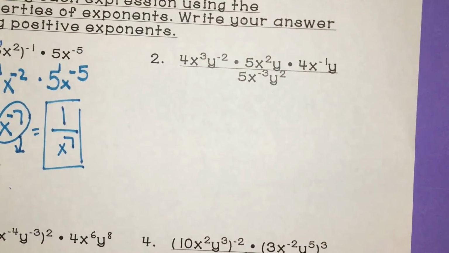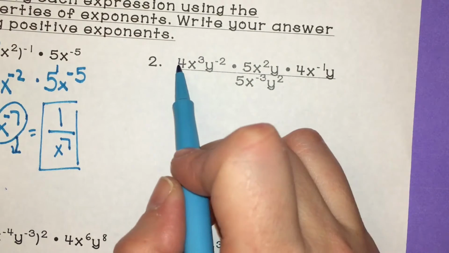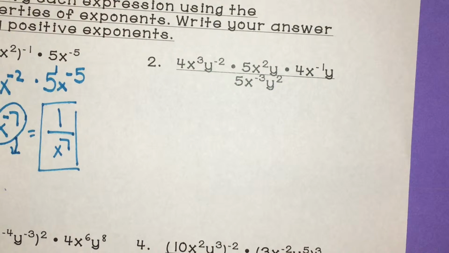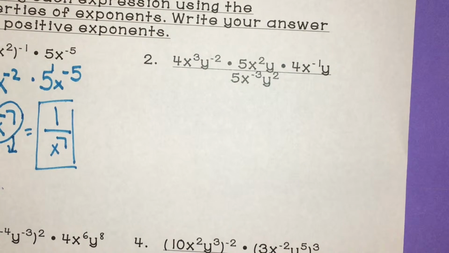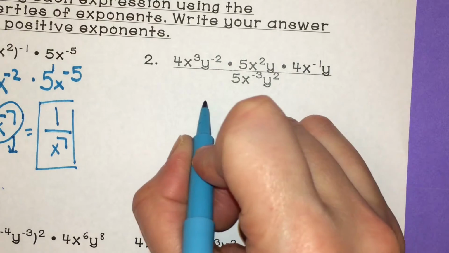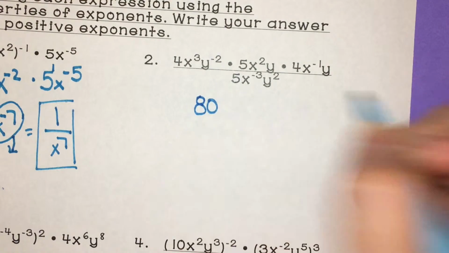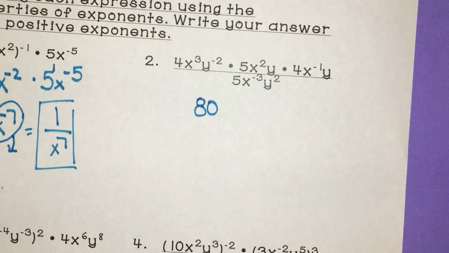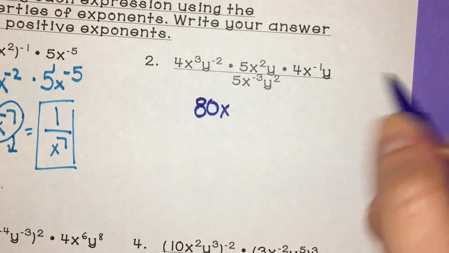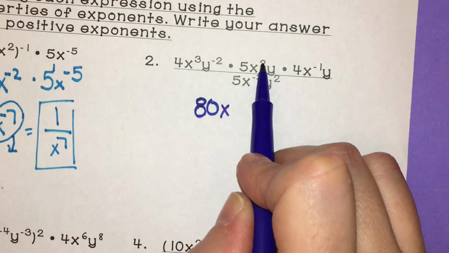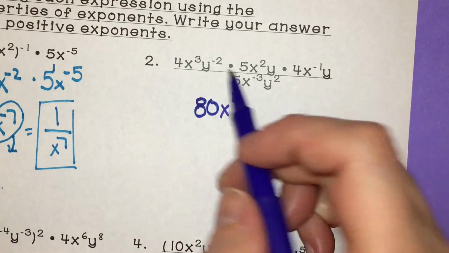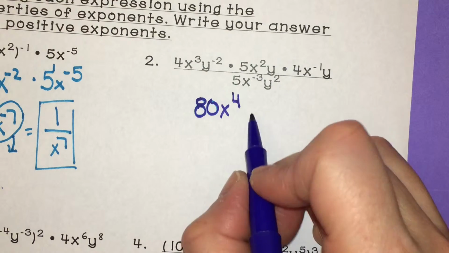All right, this one, I have 4 times 5 gives me 20. 20 times 4 is 80. Okay. Then I'm going to deal with x. 3 plus 2 is 5. 5 plus negative 1 is 4. I'm just adding exponents because I'm multiplying bases.